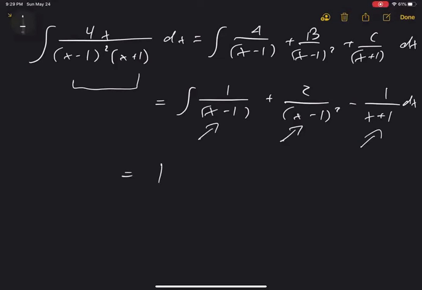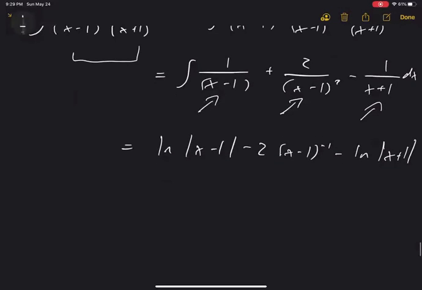So we get, let's see, ln of x minus 1 plus, what? Should be minus 2 times (x minus 1) to the negative 1 minus ln of x plus 1.